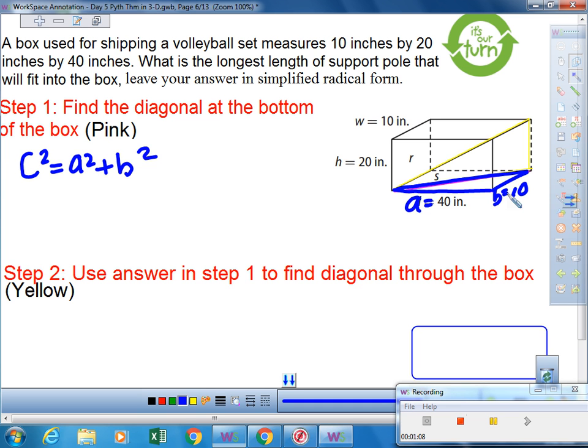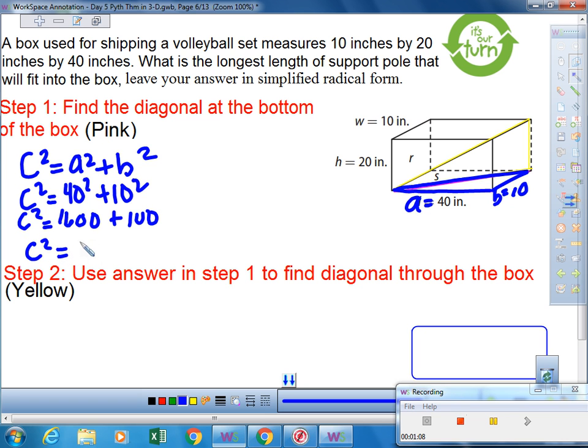So go ahead and substitute 40 squared and 10 squared into your formula. So 40 squared plus 10 squared, that's c squared, equals. So 40 squared is 1600 plus 100. So c squared equals 1700.